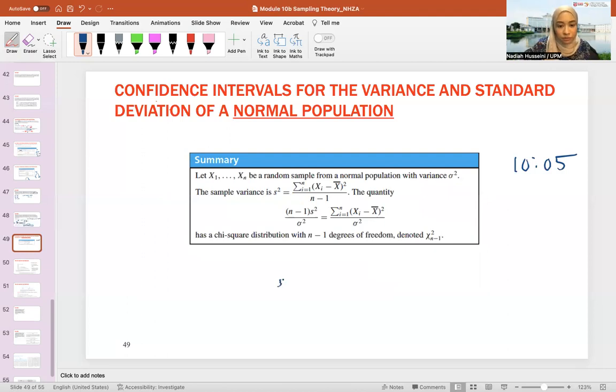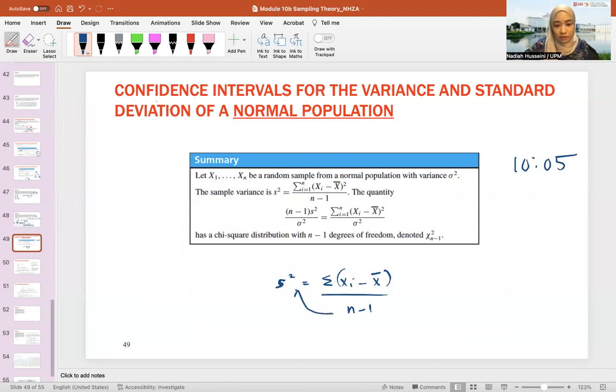Let me try to show this to you. You have the summation of x minus the sample mean, divided by n minus 1. What they did was move this to the other side.